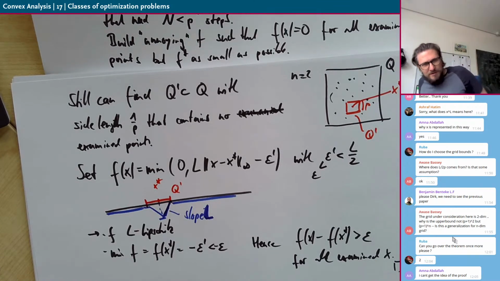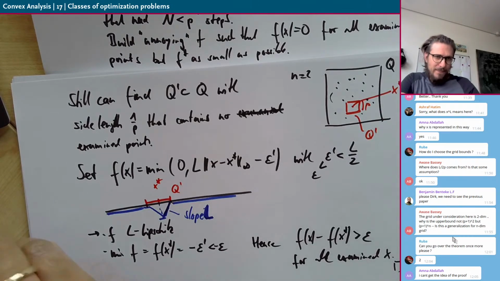Probably the technicalities of the proof are not too important, but the overall idea is that an algorithm is given first, and now we try to construct the worst function for this algorithm, so the function such that the algorithm fails most badly.